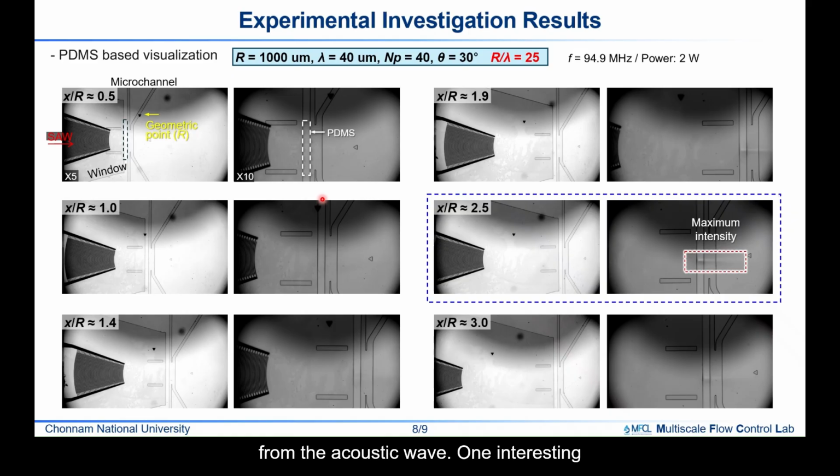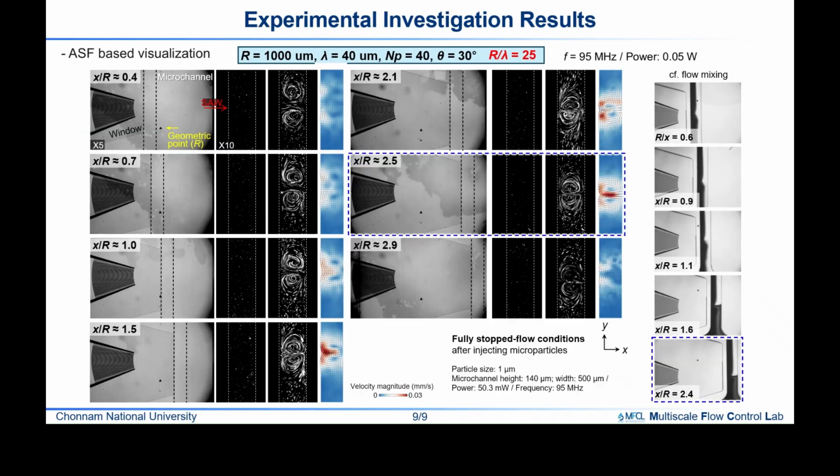One interesting thing is that the actual focal point with maximum intensity matched the result observed from the acoustic streaming flow analysis, when the curvature radius was 1 millimeter and the wavelength was 40 micrometers. The actual focal point was experimentally found at a position about 2.5 times the curvature radius.